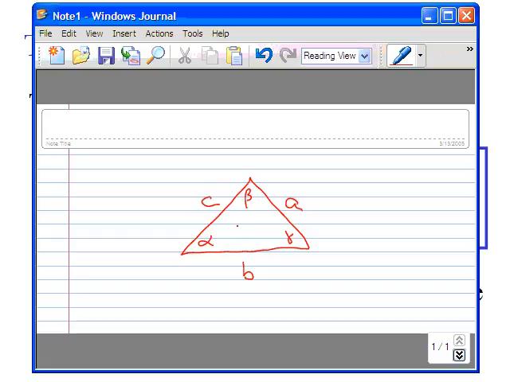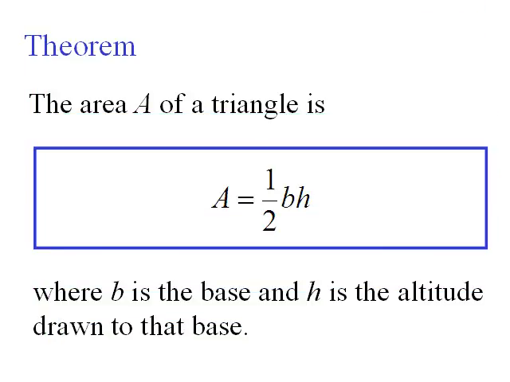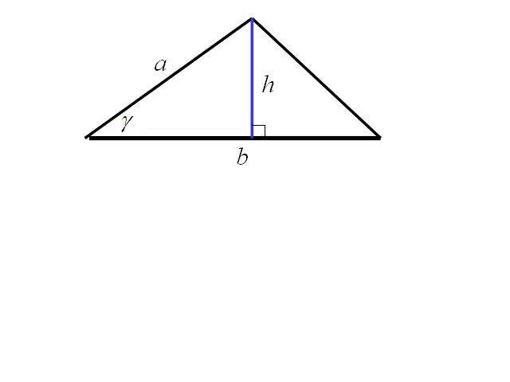But if that's what you have and you want the area of the triangle, this extra bit is h, and that might not be something that's given when the triangle is described. So if you happen to know h, that's a perfectly good formula to use. If you don't know h, then you can recover h from other information.